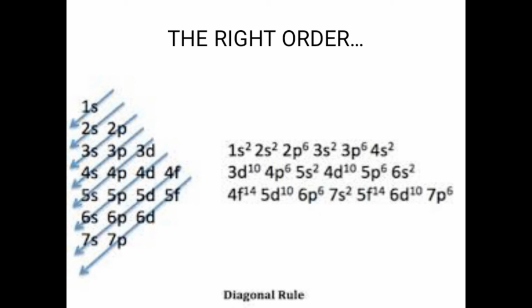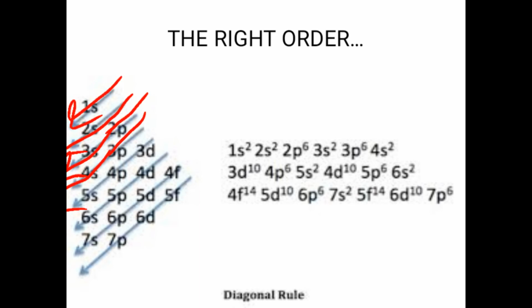You start from the top. The first line is crossing 1s. The second diagonal is 2s. The third diagonal is crossing 2p, then 3s. And the fourth one, 3p is coming, then 4s.